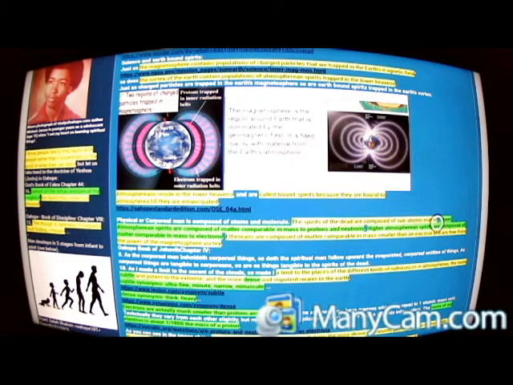The spirits of the dead are composed of subatomic matter. Subatomic matter, electrons and protons, right here that are pictured trapped, or the trapped regions pictured there, are subatomic particles, electrons and protons.